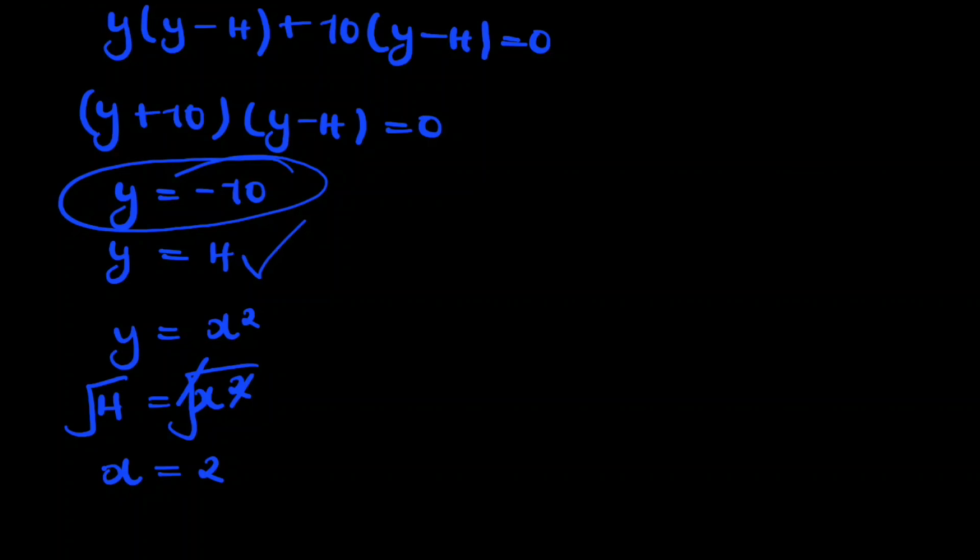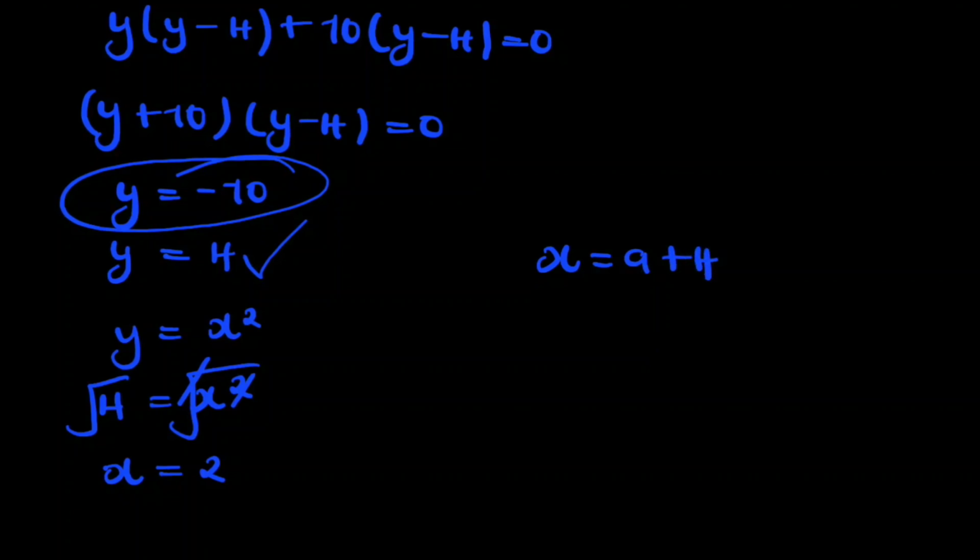Sorry, this is plus or minus 2 since it was a square root. Remember, in the beginning we let x be equal to a + 4. Now we are going to substitute it back.